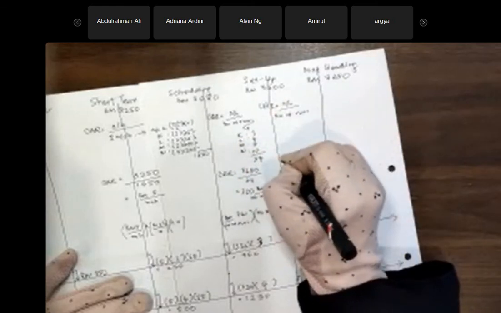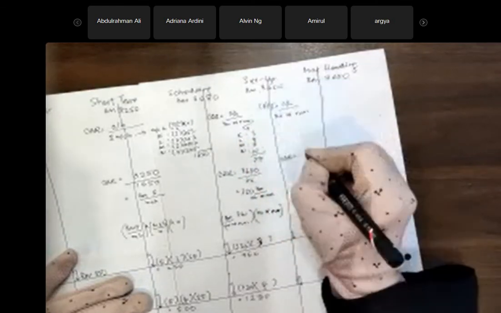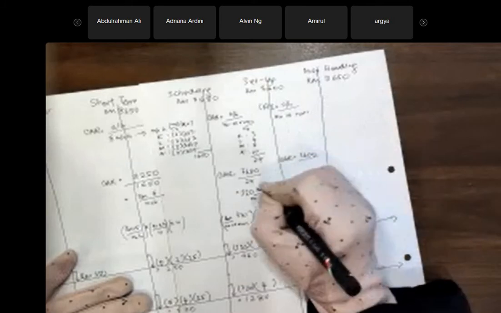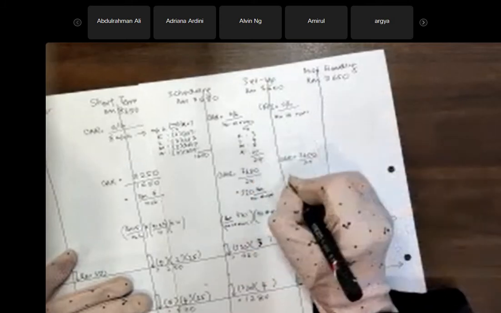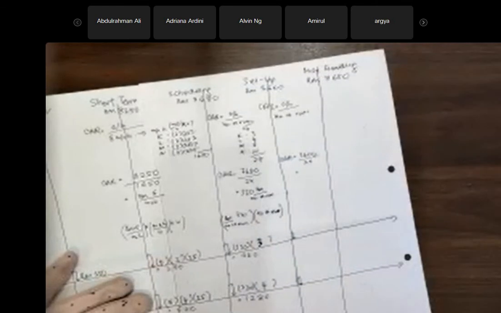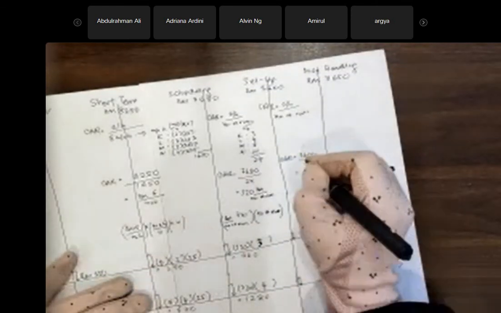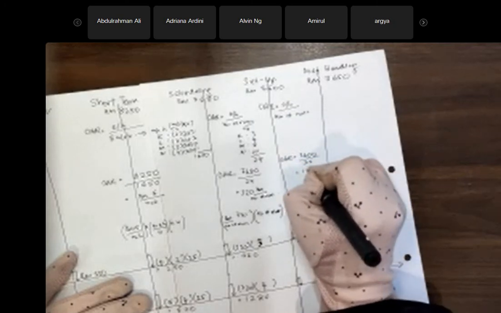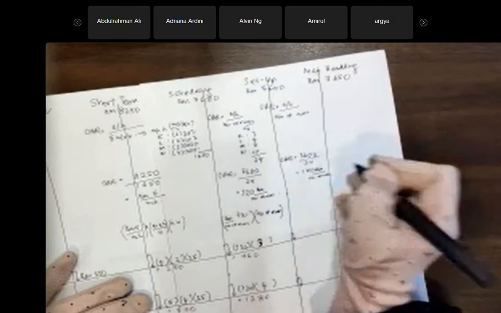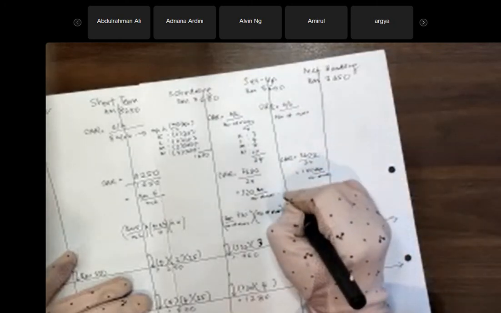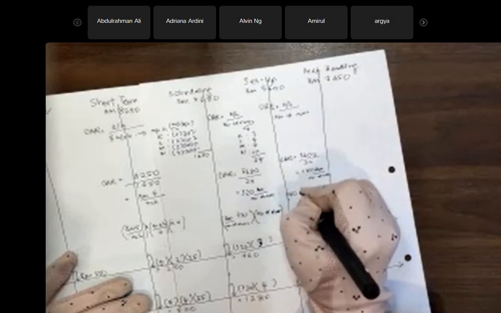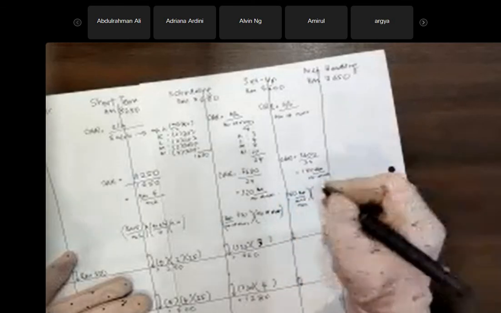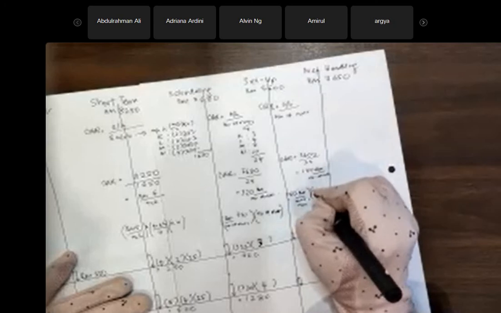So the OAR is 3600 divided by 24, so you will get 150 RM per number of runs. So you have to multiply by the number of runs respectively.